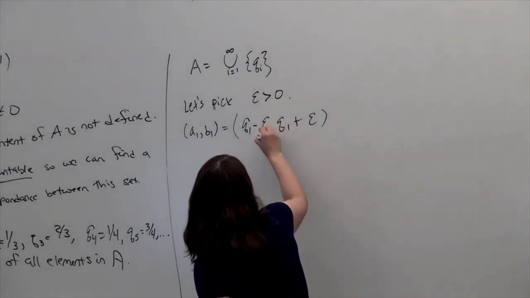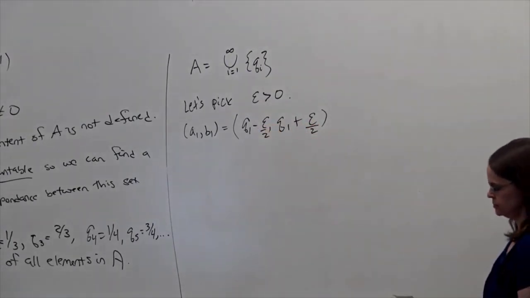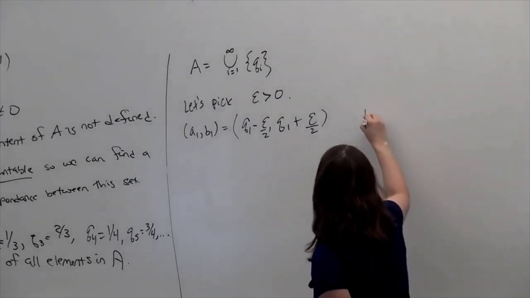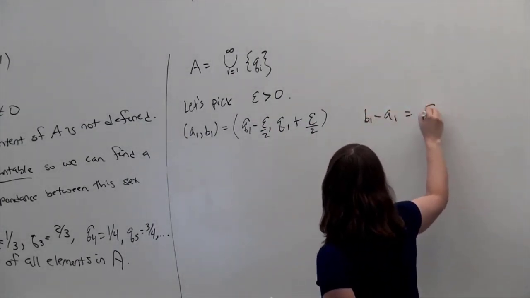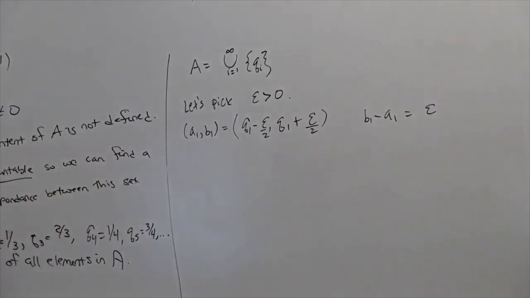Let me make it epsilon over 2, so this has length epsilon. Again, I can't keep going using the same length for all my intervals, because infinitely many tiny epsilons are going to still sum to infinity.